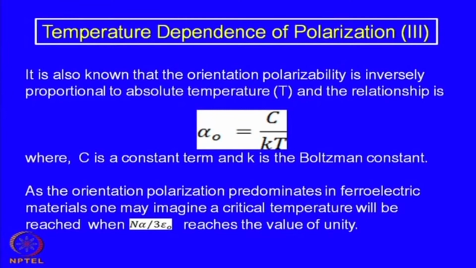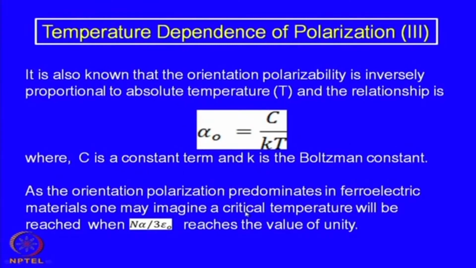The orientation polarizability, alpha O, is inversely proportional to the absolute temperature through this relationship, where C is a constant and K is the Boltzmann constant. So, it is actually inversely proportional to temperature. This is one relationship of the orientation polarizability.